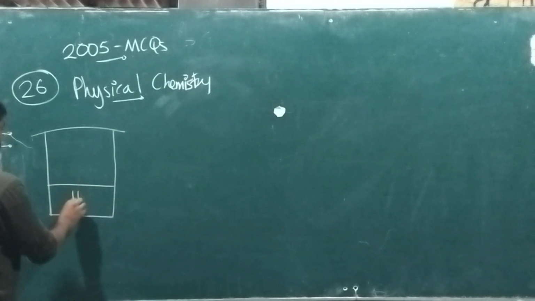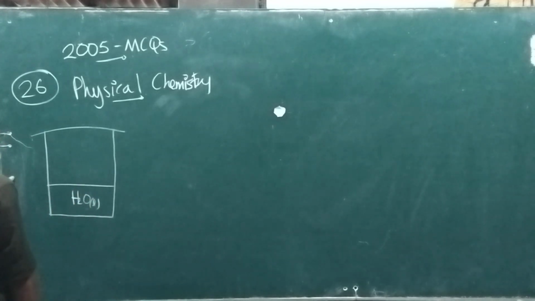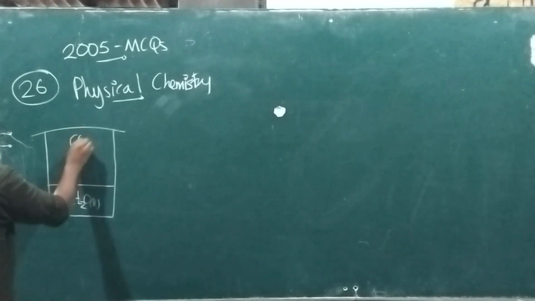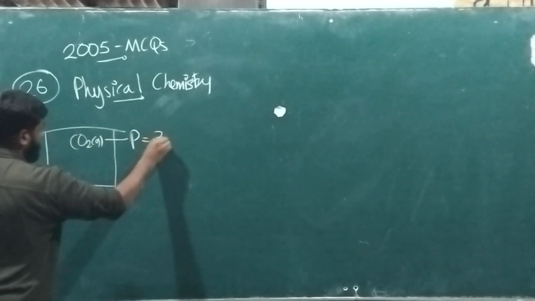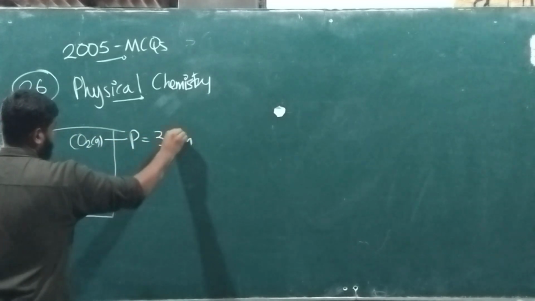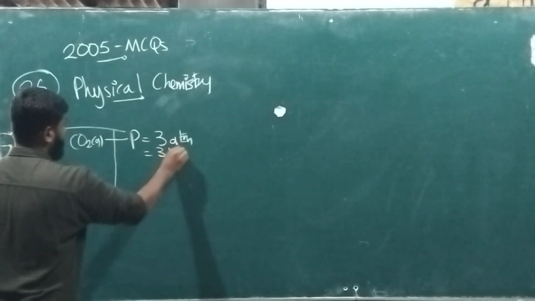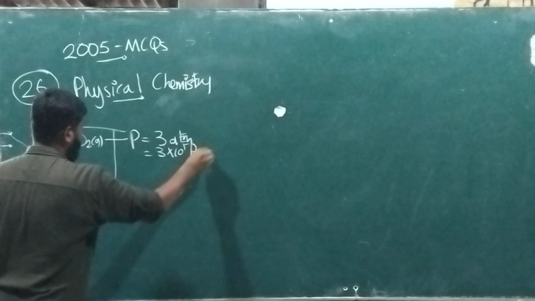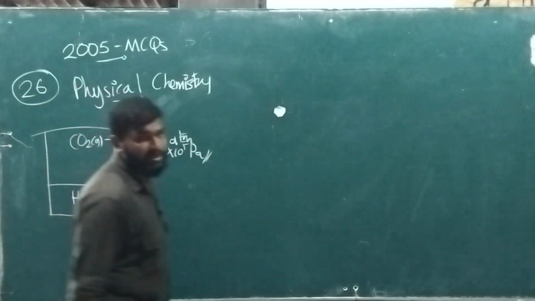There you have water in liquid state and some CO2 gas. The pressure is actually 3 atm, which means 3 into 10 to the power 5 Pascal. That's what it means when we say 3 atm pressure. So atm means atmospheric pressure.